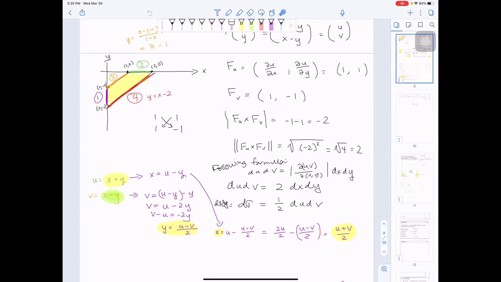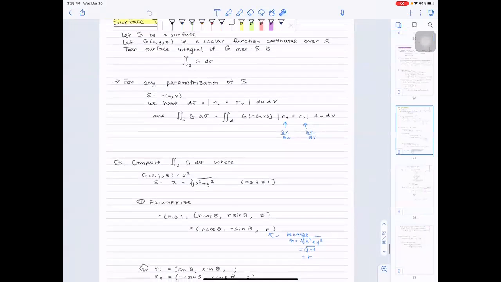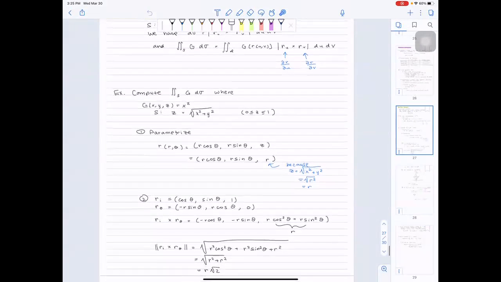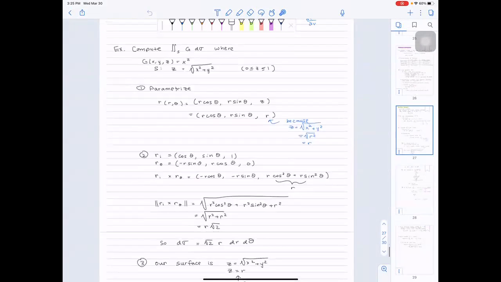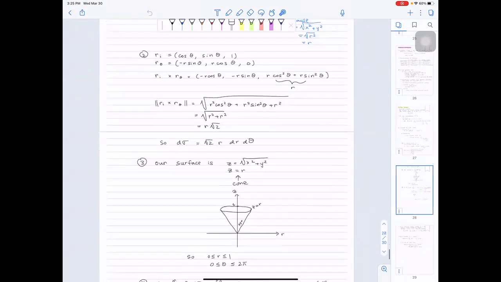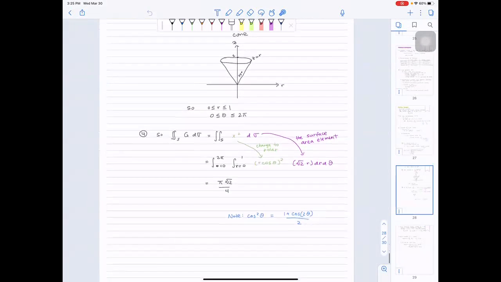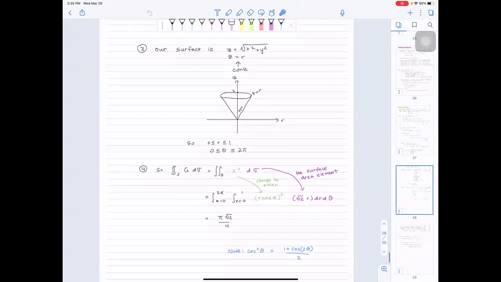Isn't that the process when you... I'm still confused about where you did change of variables. This is change of variables, that's not. Let me think. So, I think for surface integrals, you're doing both at the same time.